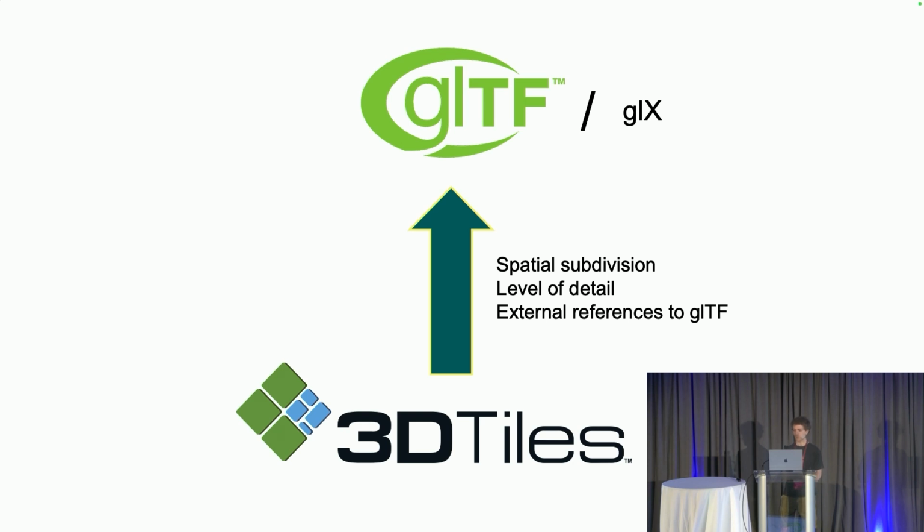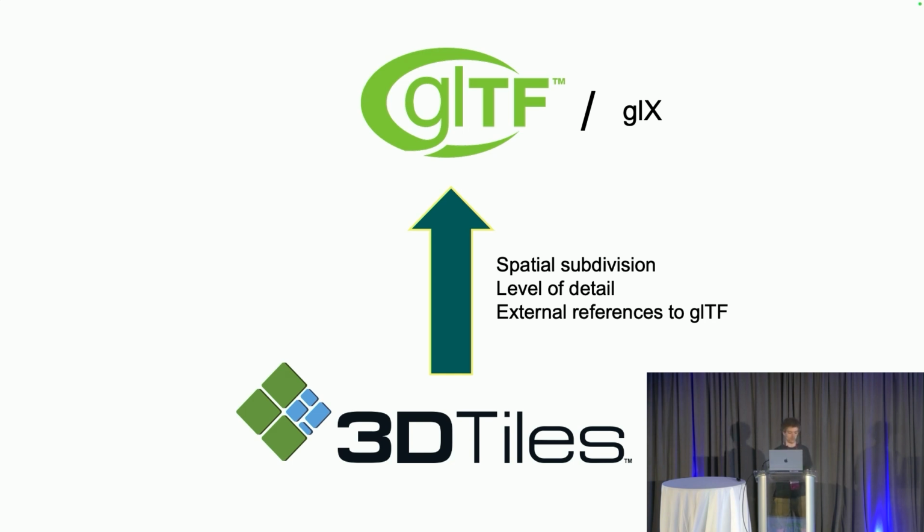glTF right now is just kind of a single asset with materials, textures, geometry. But we're thinking, how do we evolve that into complex scenes? So there's this new format being discussed called GLX, which is almost like an inheritance of glTF. It has a lot of the same features as glTF, like a very similar JSON schema, but it has the ability to potentially have external references, like a glTF referencing other glTFs, and the ability to specify a level of detail.